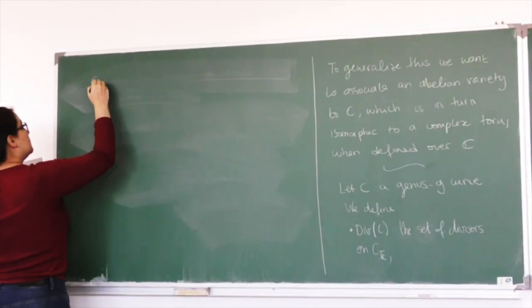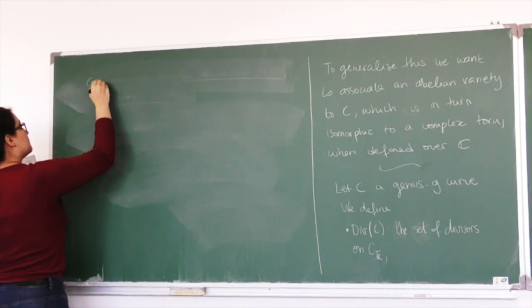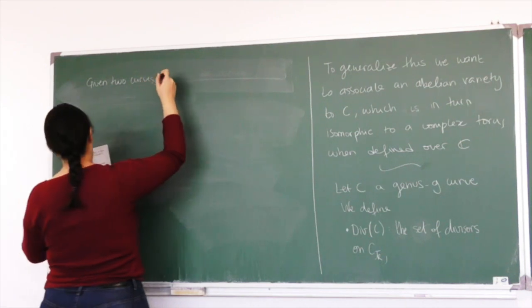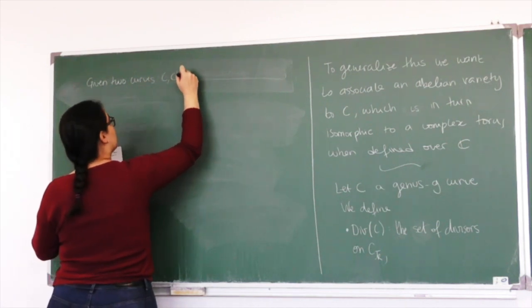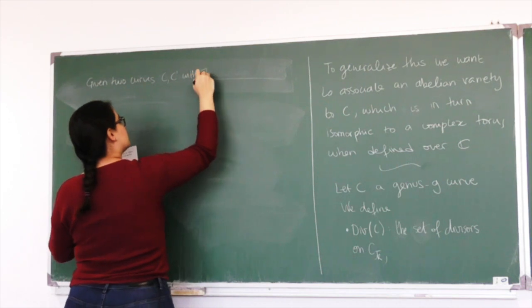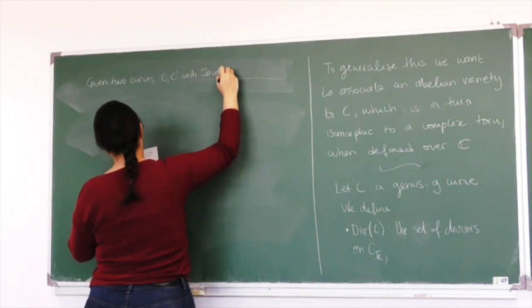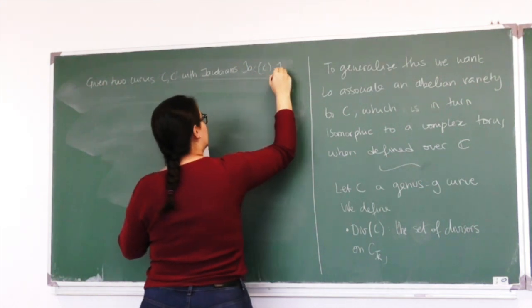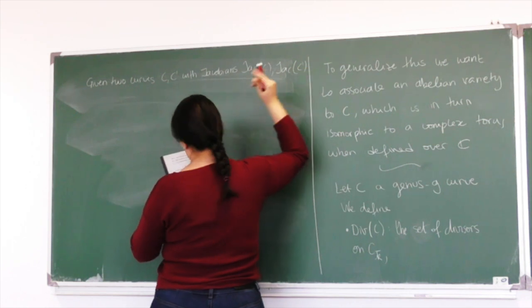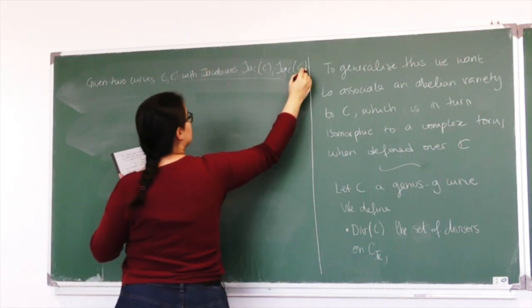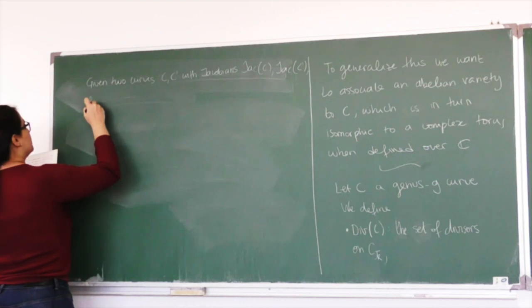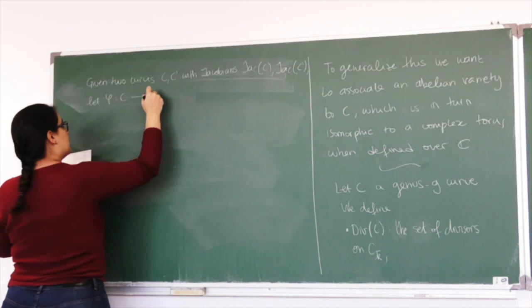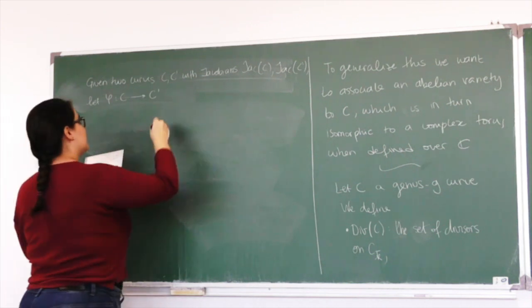So now, given two curves C and C prime with Jacobians Jac of C and Jac of C prime, let phi be a morphism of curves.